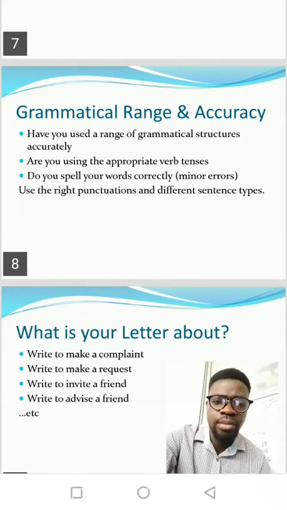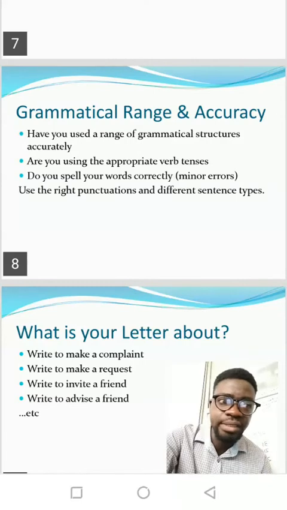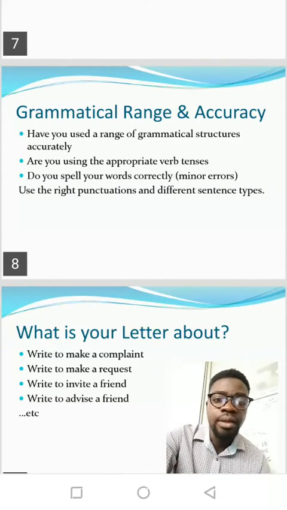Now, you're talking about your tenses, your verb tenses. You're talking about how well you know how to use punctuation, the type of sentences you're using, your phrases, and if you master one or two idiomatic expressions, are you using them appropriately in this context?